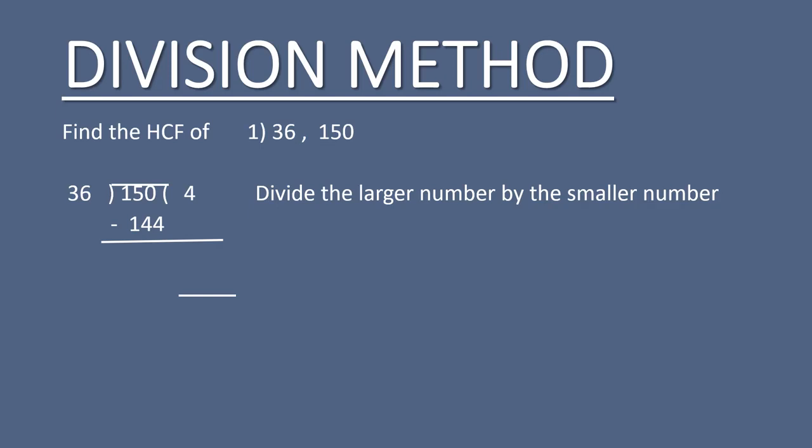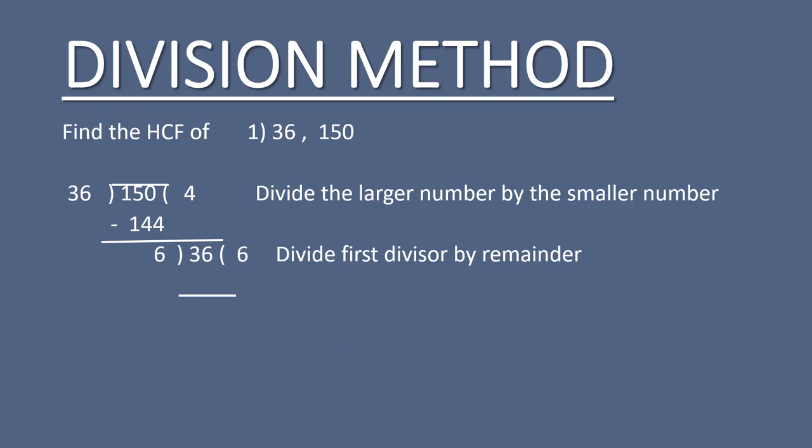Now see the example. Find the HCF of 36 and 150. As I told you, we will divide the larger number by the smaller number. So here we will divide 150 by 36. When we divide 150 by 36, 36 4s are 144. When we subtract, we get the remainder 6. Now what we have to do?